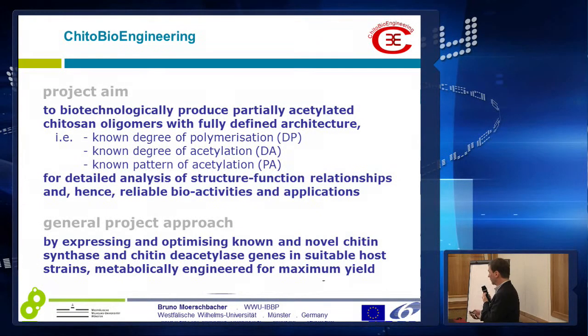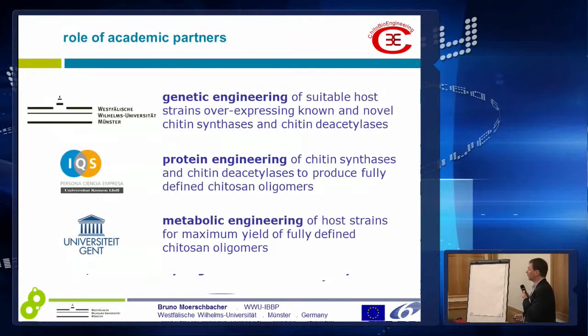And the approach used in this project is to express chitin synthase genes and chitin deacetylase genes in suitable host strains so that they can produce chitin oligomers and then deacetylate them to chitosan oligomers. And then, of course, we have to engineer these strains for optimal performance.